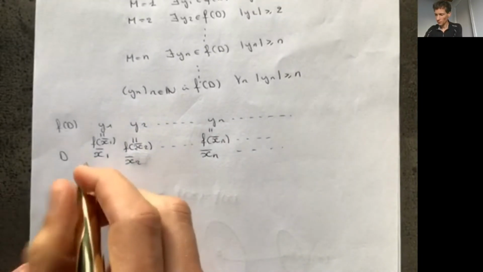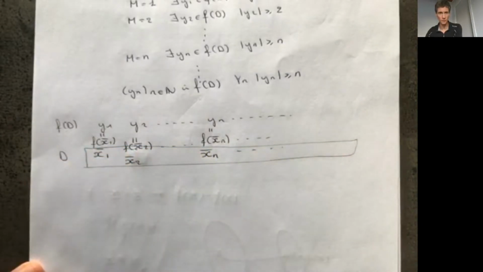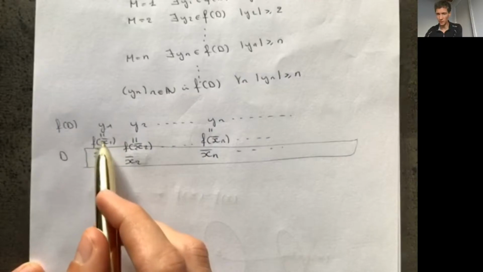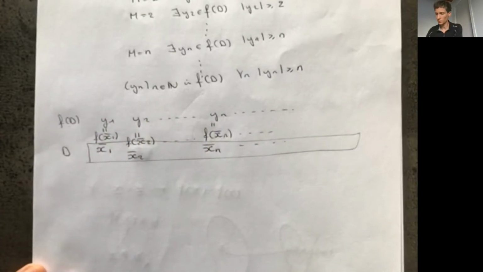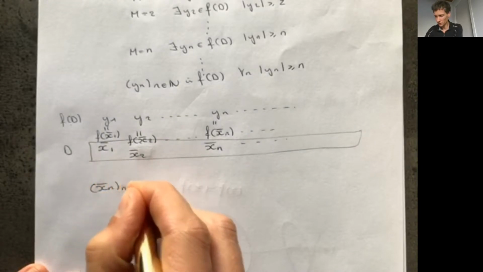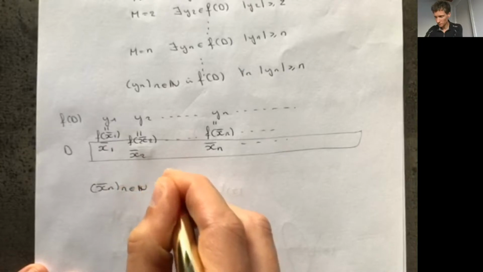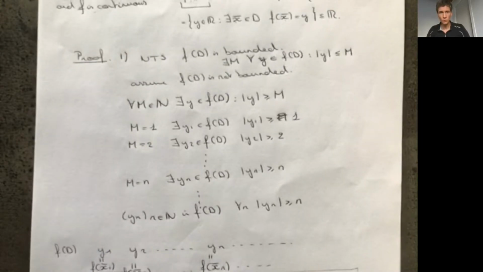So this gives you a sequence of x's in the domain, whose corresponding values under the function f are equal to y1, y2, and so on. Now we have a sequence xn in the domain. What do we know about this sequence? In general, it's just a sequence of vectors.